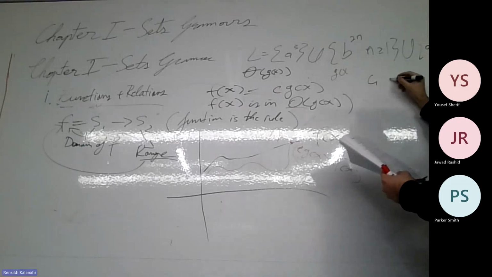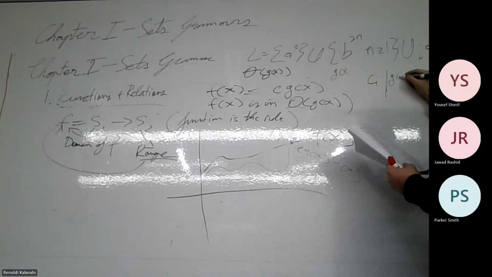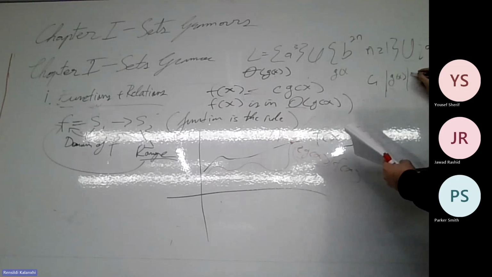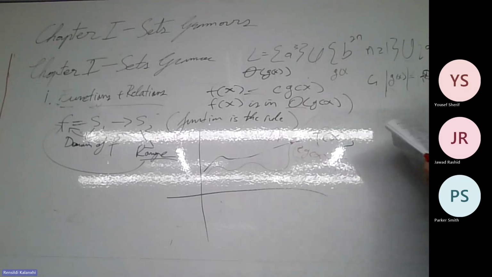So let's say we have a constant and we have the function g of x, and f of x is equal or bigger.